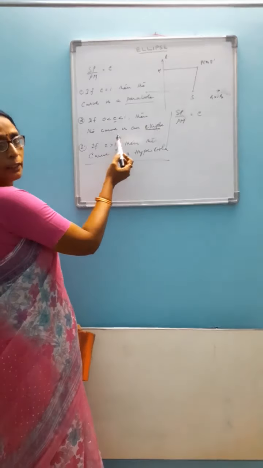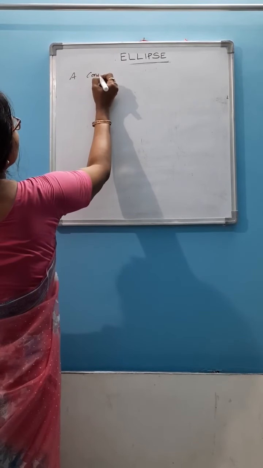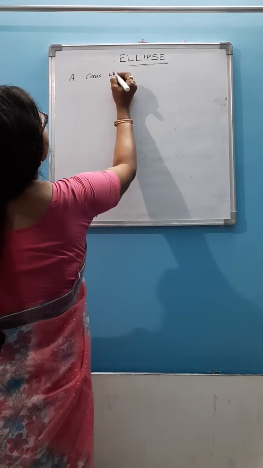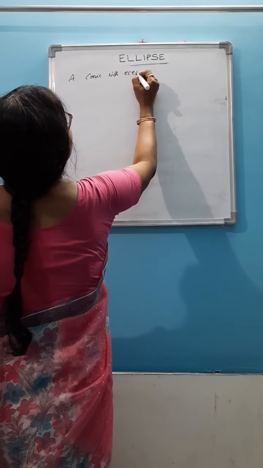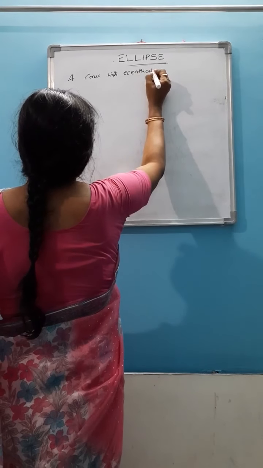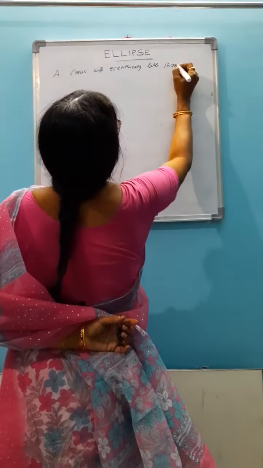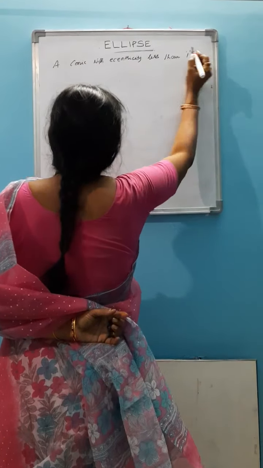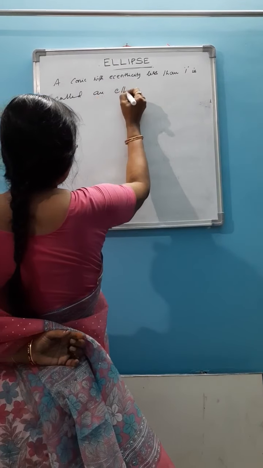Today we are going to learn about the ellipse. A conic with eccentricity less than 1 is called an ellipse.